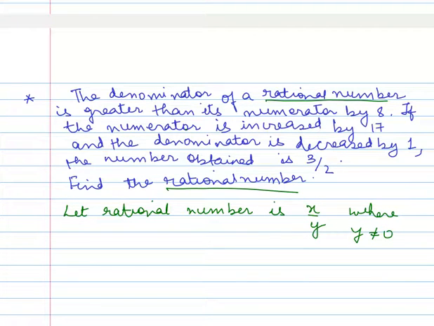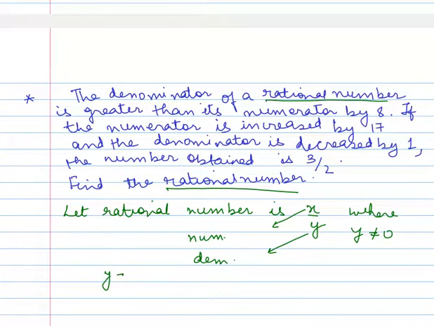So the question is about the denominator of a rational number. Over here x is the numerator and this is the denominator, right? It is saying that the denominator of the rational number, meaning y, is greater than the numerator by 8.